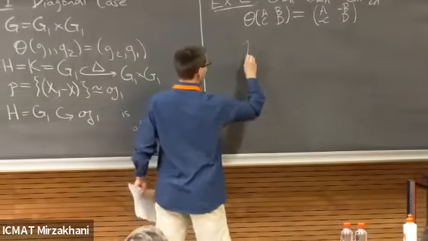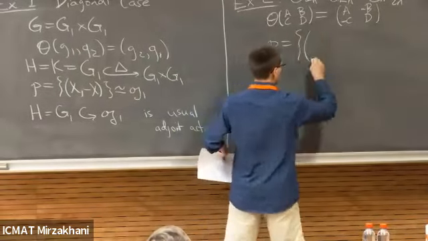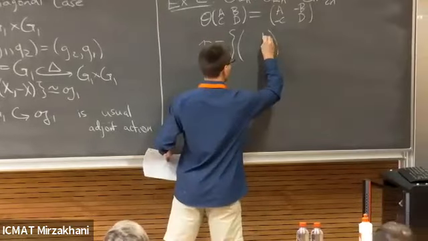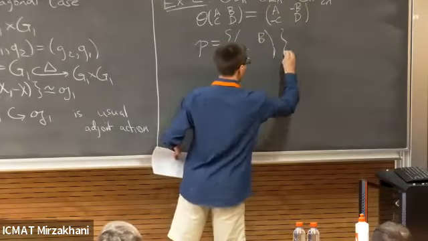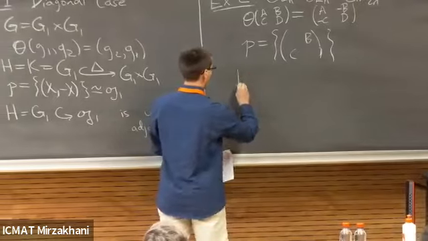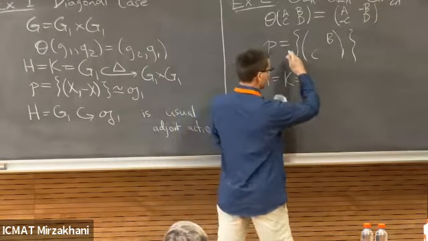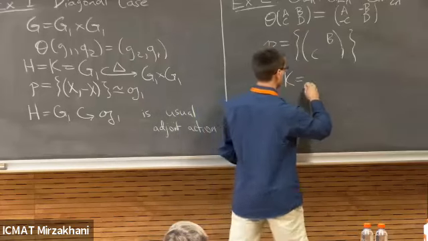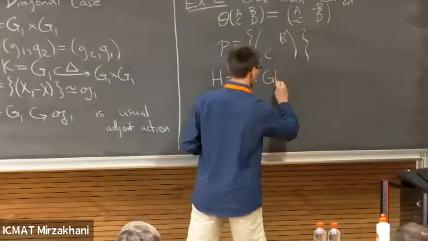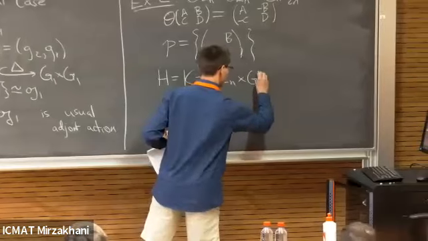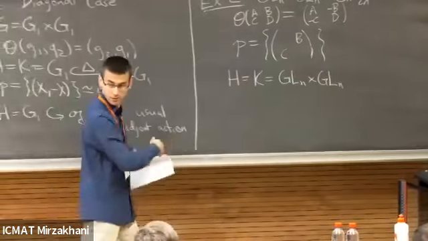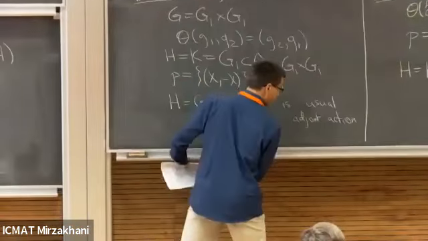So I have some frac P, which is my off diagonal parts. And I have my H, which I'll take to be K, to be this block diagonal copy of GLN cross GLN. So think of this block diagonal inside of this GL2N.